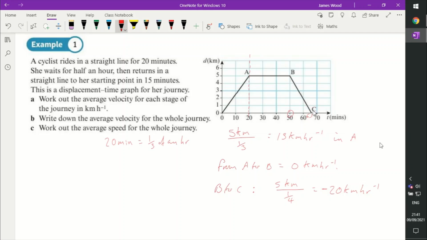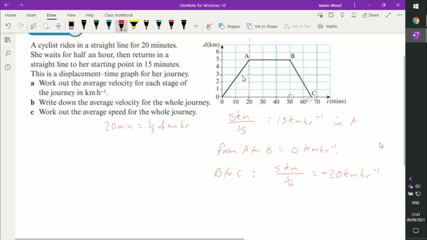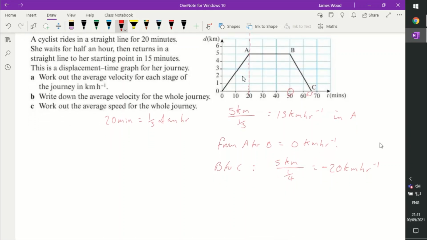Okay, part B: write down the average velocity for the whole journey. To do that, we can just look at the total displacement over the total time. So let's make a note of that. The average velocity is going to be total displacement over total time.